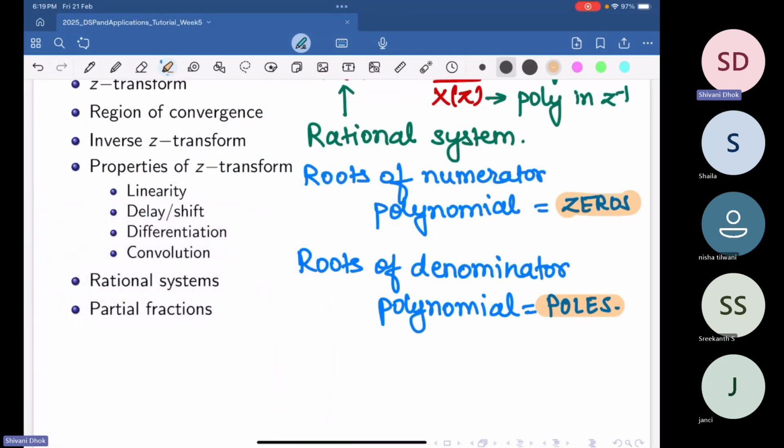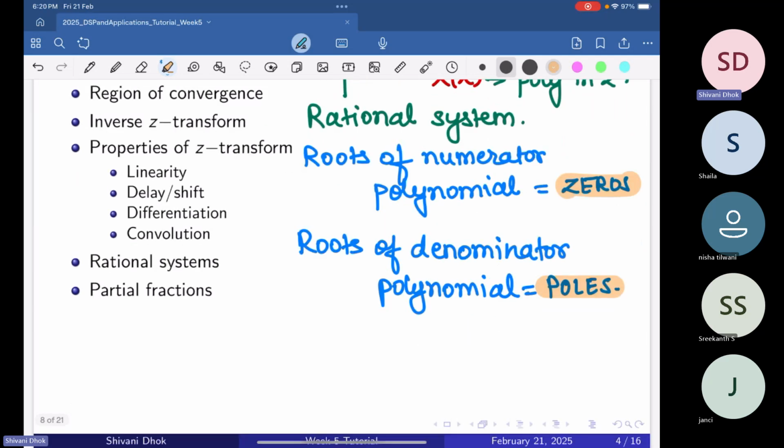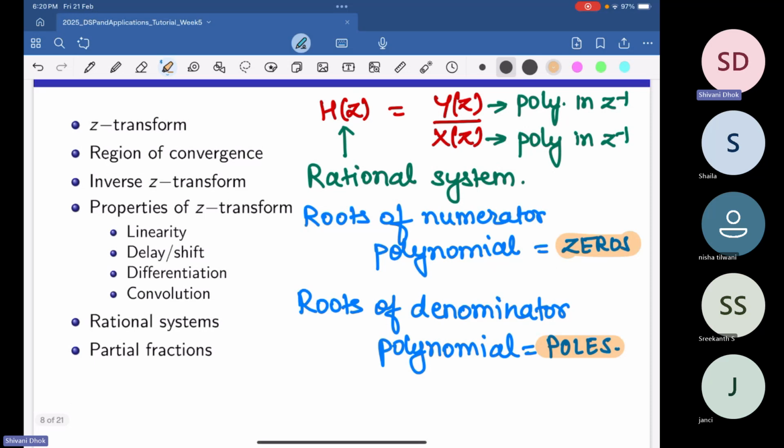This is what we call the rational system, and in order to find the inverse Z transform of a rational system, we use something known as partial fractions. This concept is taught well in your maths courses. However, if you get confused or have any questions, just quickly revise it once.